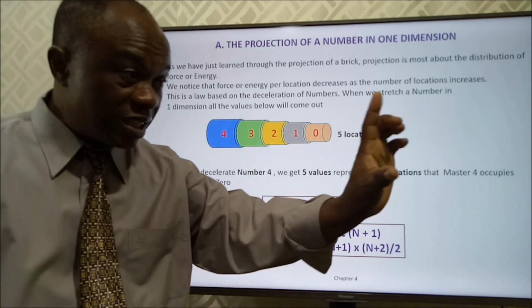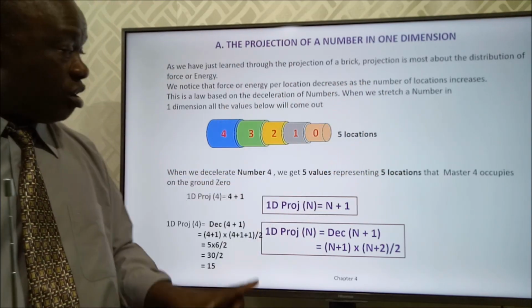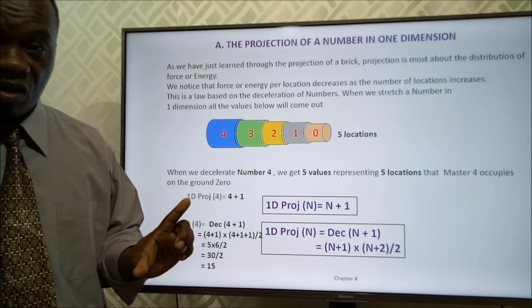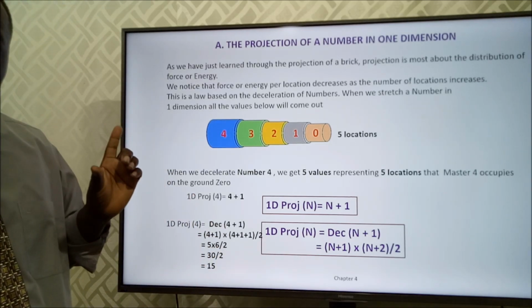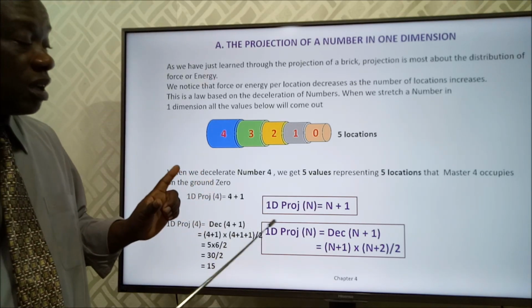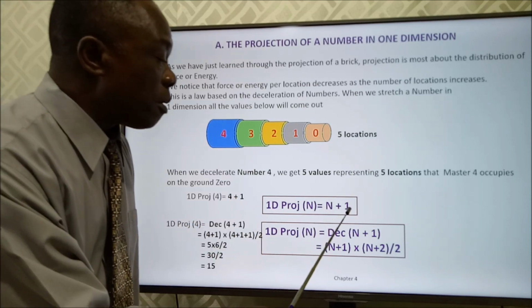When you project it, it will touch the target in 5 locations only, as we have seen. And then we can calculate that the projection works this way: the number of locations will be n plus 1.